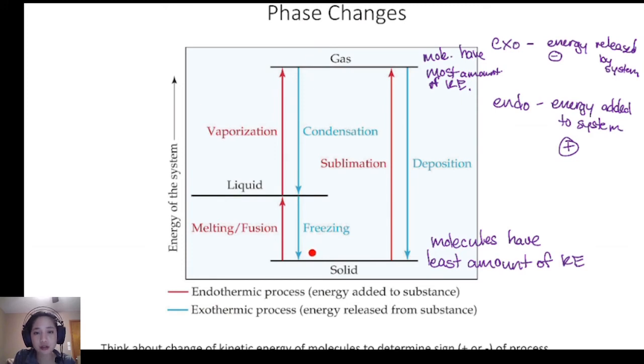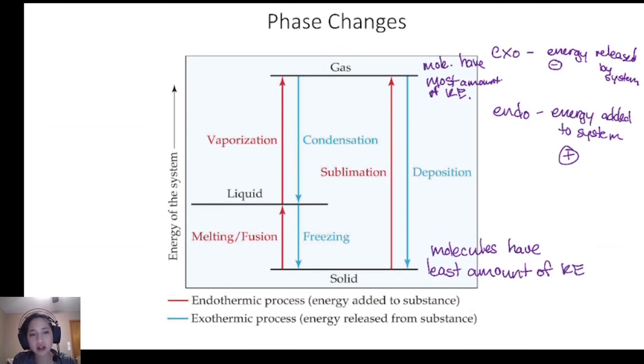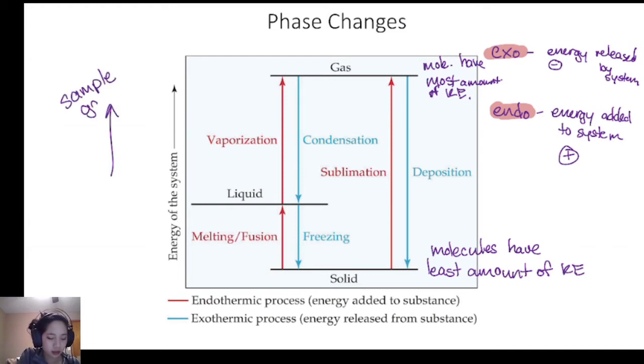All right, so what's really important about this slide is to know where energy is going into the system or out of the system. The kinetic energy of your sample is what defines whether a process is exothermic or endothermic. So if we go up, the sample gains kinetic energy, so oftentimes those processes are endothermic.